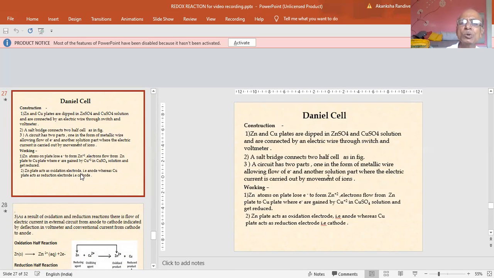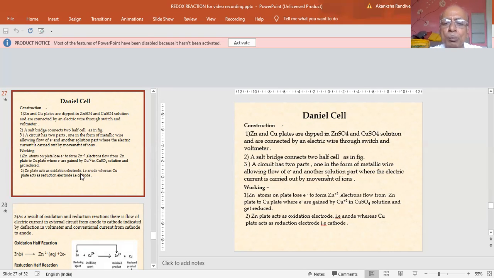Now the construction is shown here. A salt bridge connects two half cells as shown in the figure. A circuit has two parts, one in the form of metallic wire allowing flow of electrons, and the other a solution part where the electric current is carried by movement of ions. How does this Daniell cell work?